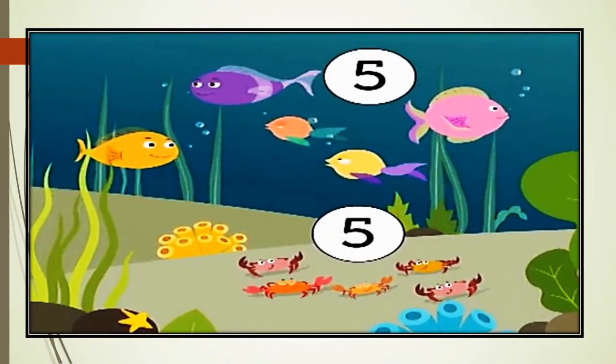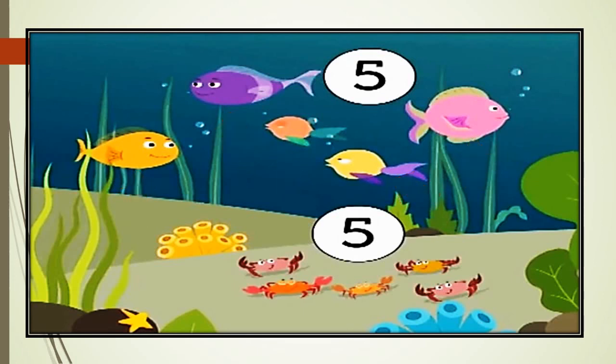Now look, there are so many crabs and fish inside the pond. Let's count how many crabs are inside the pond. 1, 2, 3, 4, 5. Let's count how many fish are inside the pond. 1, 2, 3, 4, 5.